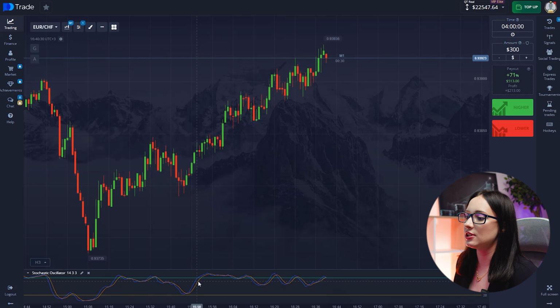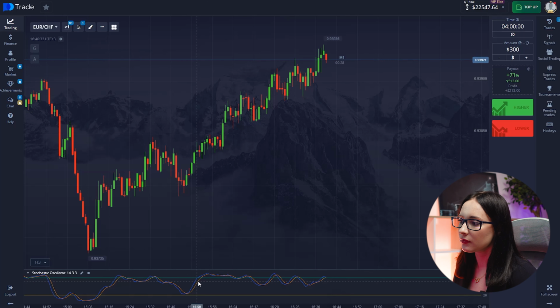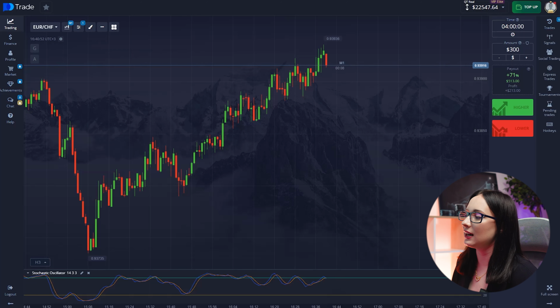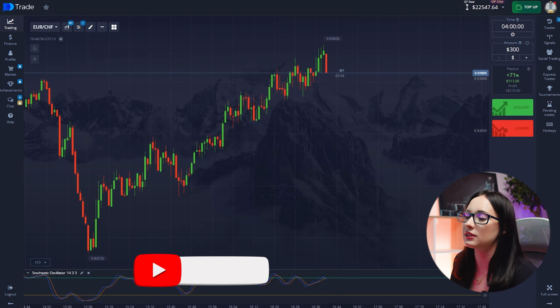And how this actually works. Well, first of all, of course, you can notice that the stochastic oscillator lies between the levels of 20 and 80. And it works, of course, also with crossovers. As I said, the stochastic oscillator identifies whether the currency pair is in an overbought or oversold condition.